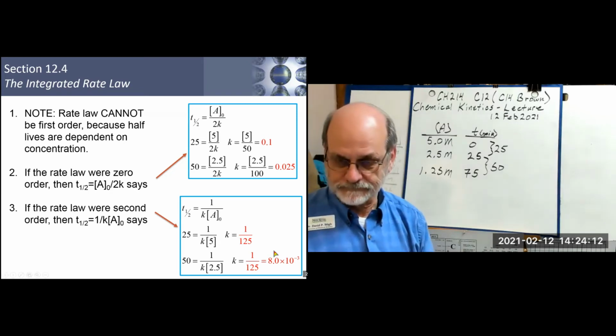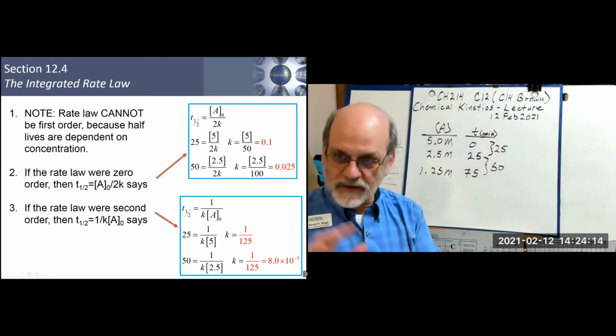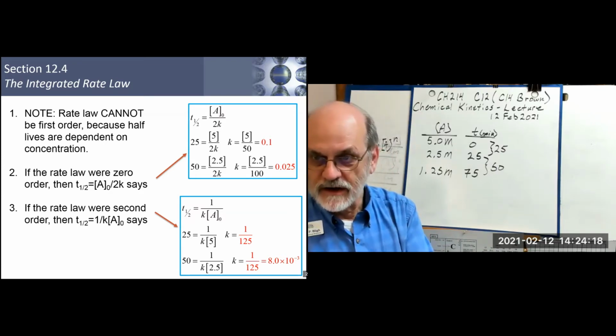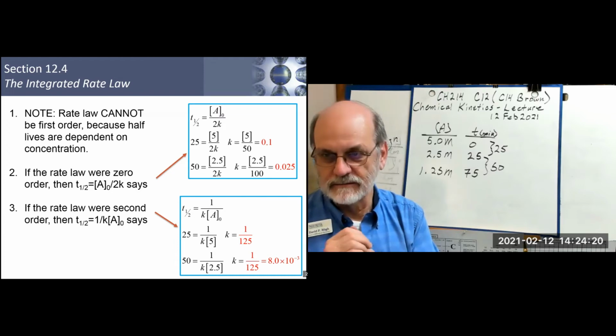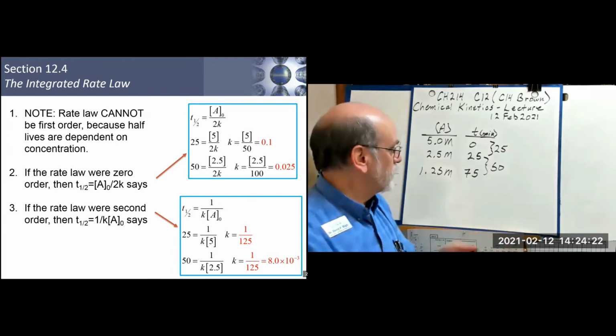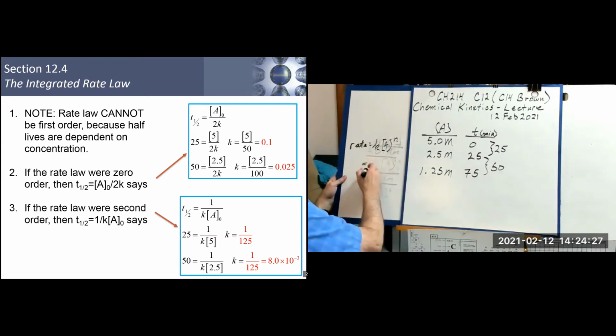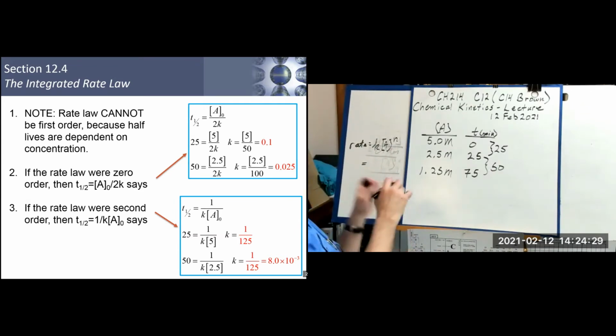Okay, so that's where we used half-life information to find out what K was. Now you can put it over here. We can make this rate equals, what's K? 8 times 10 to the minus 3.